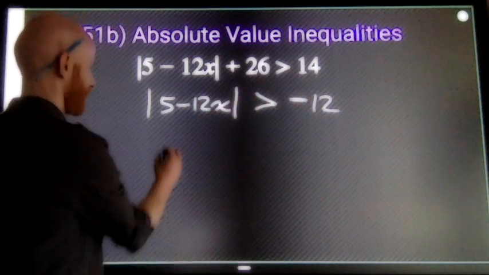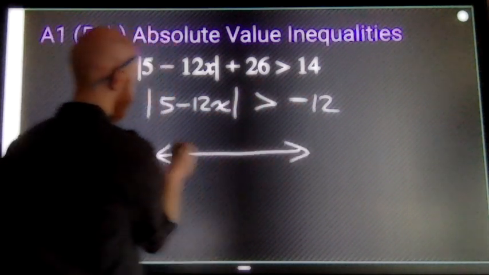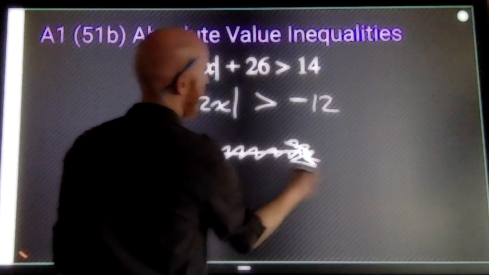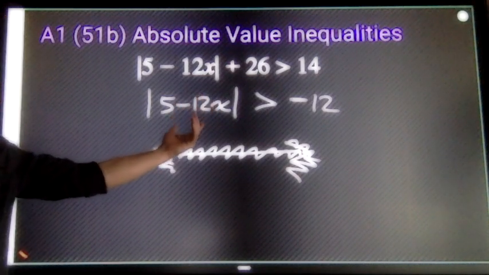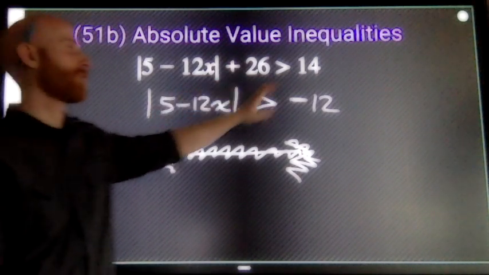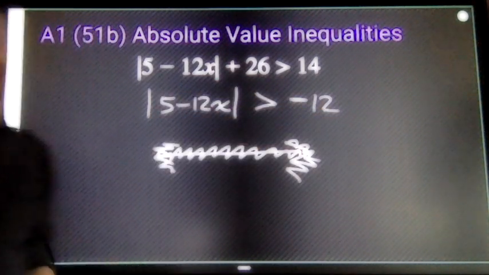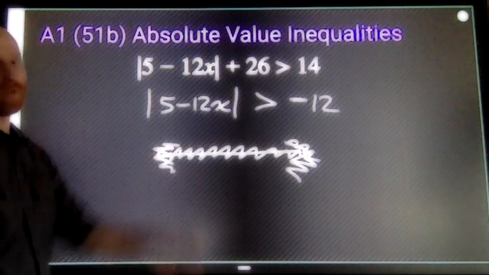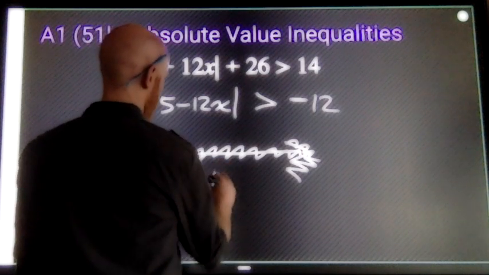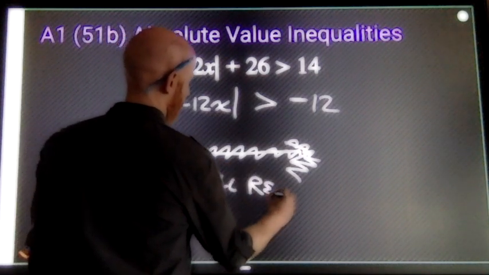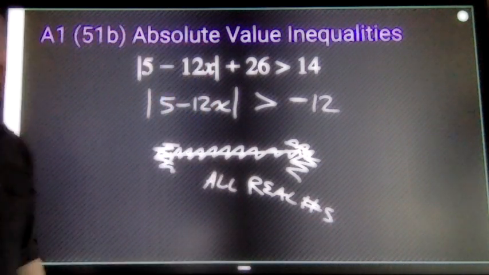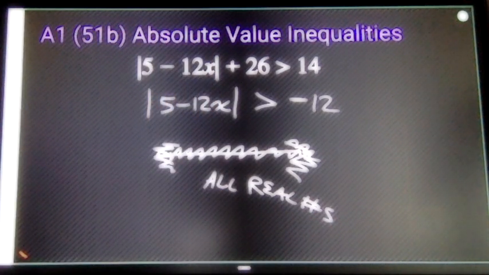Every x, all along the number line is going to make this true, no matter what, because absolute value will make it positive, and a positive number is going to be bigger than a negative number every time. All right, so this would not be a no solution situation. This would be all real numbers. All right, x can be anything.